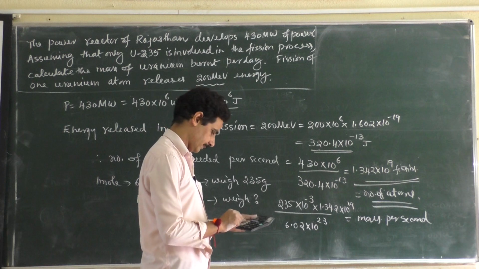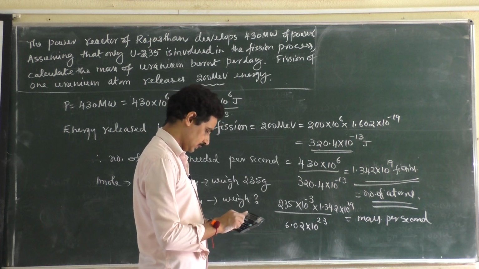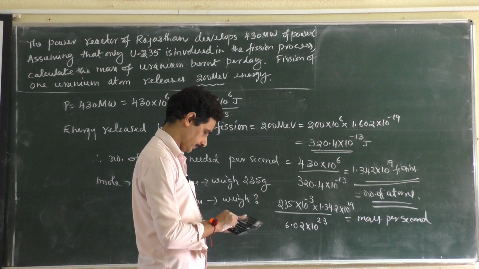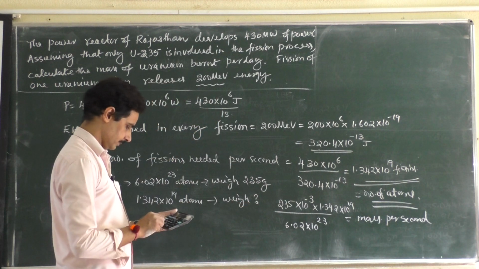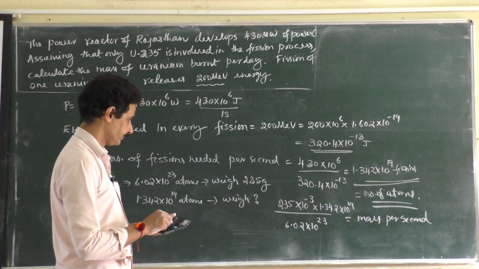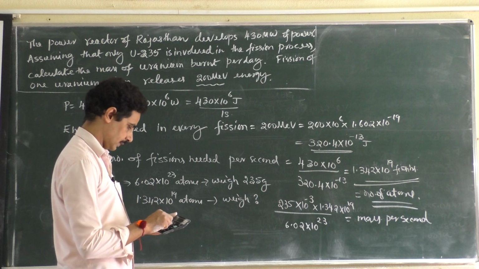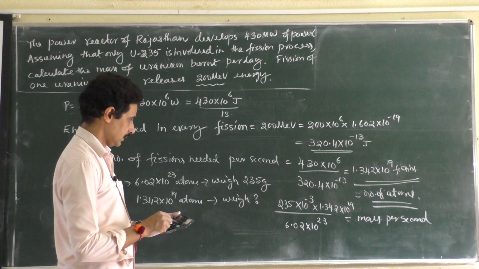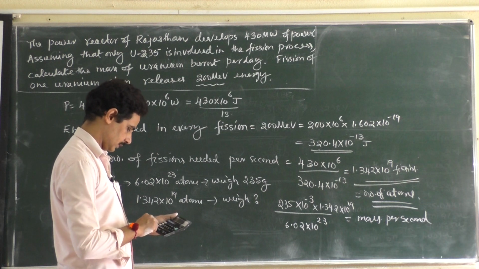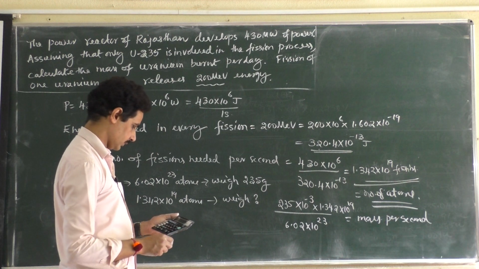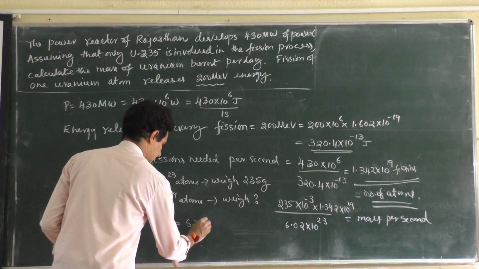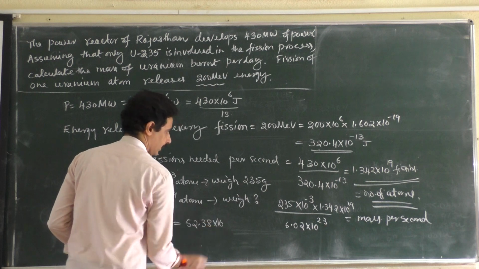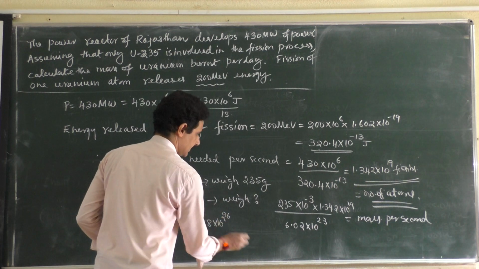We will calculate it: 235 into 1.342 divided by 6.02. That is equal to 52.38 into 10 to the power 26.